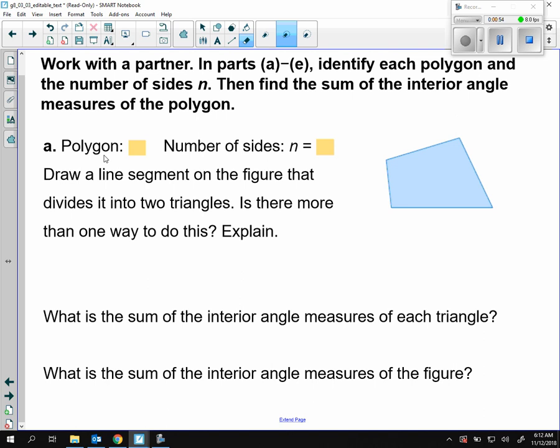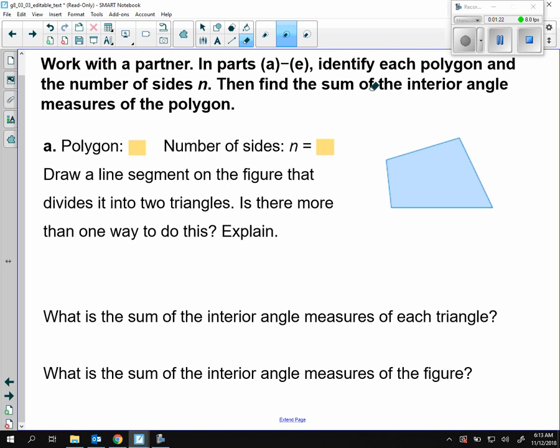So we have this polygon right here in blue. And what it asks us to do here is write down what this polygon is and the number of sides that it has. So we're not going to get into naming polygons that much, but this has 1, 2, 3, 4 sides. So we can write that down in our number of sides here.